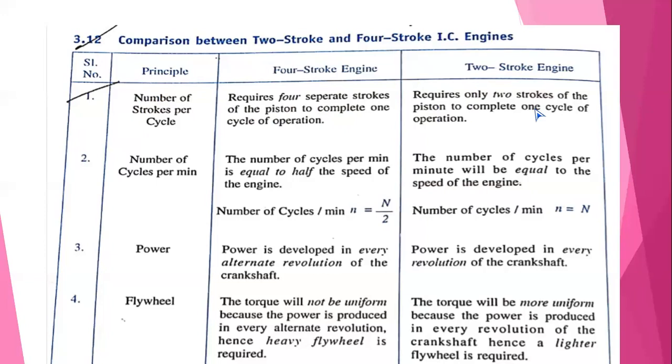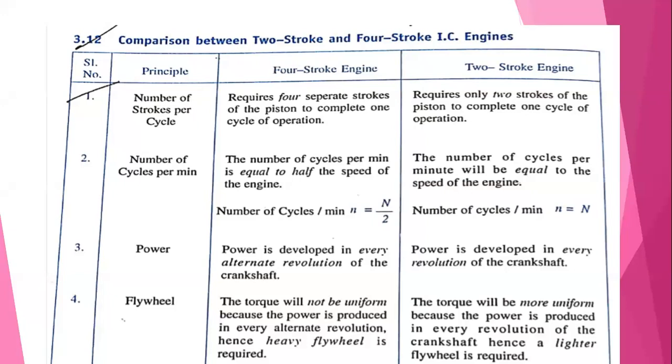But in the two-stroke engine, suction and exhaust both take place in the two strokes of the piston, with expansion and power in between, so you can differentiate like this. The four-stroke engine requires four strokes of the piston, but in the two-stroke engine, two strokes of the piston complete one cycle.